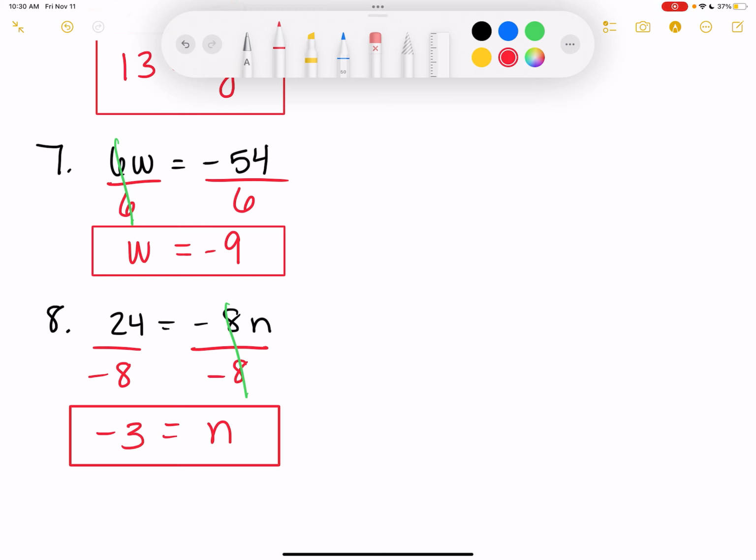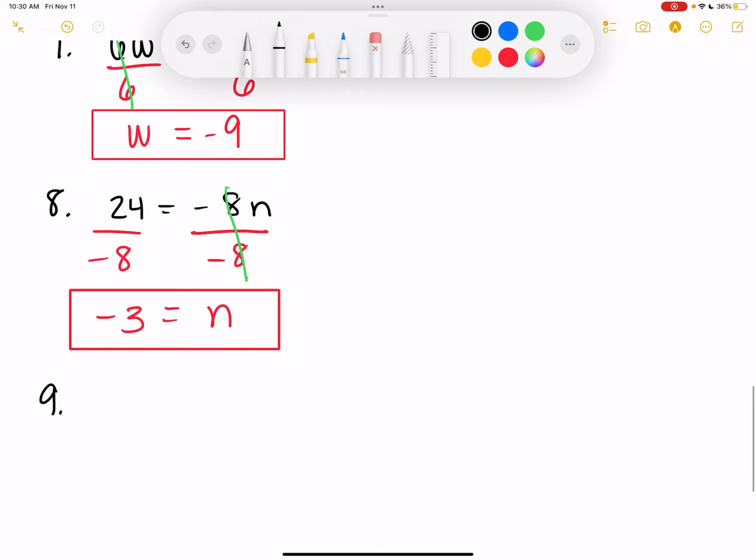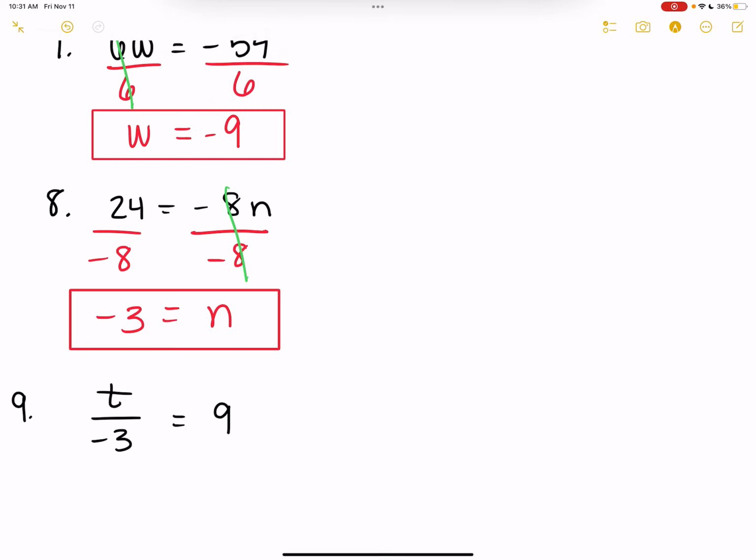All right, now some division, well, I say division ones that start with division, so we need to use multiplication to undo it. Number 9, got t divided by -3 equals 9. So to get this by itself, okay, it's being divided.